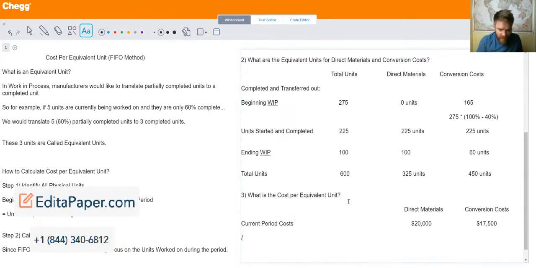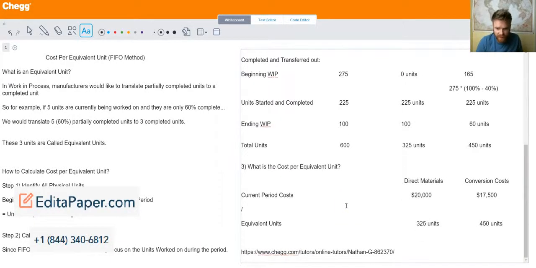So we're going to divide that using that symbol there by our equivalent units. For materials, we said it was 325 units. For conversion, it was 450 units. So our cost per equivalent unit, divide those out, 20,000 divided by 325.